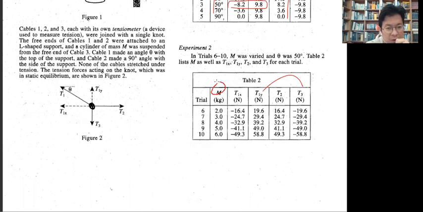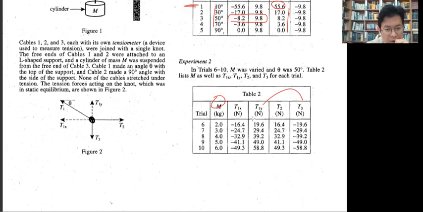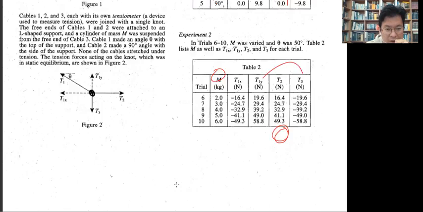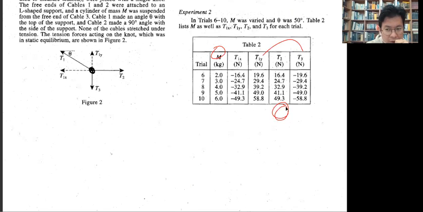Mass is this one, and it says 68.6. 68.6 is getting greater here, so it has to be more than 6. Every time you increase by 1, it increases about 8 or 9.